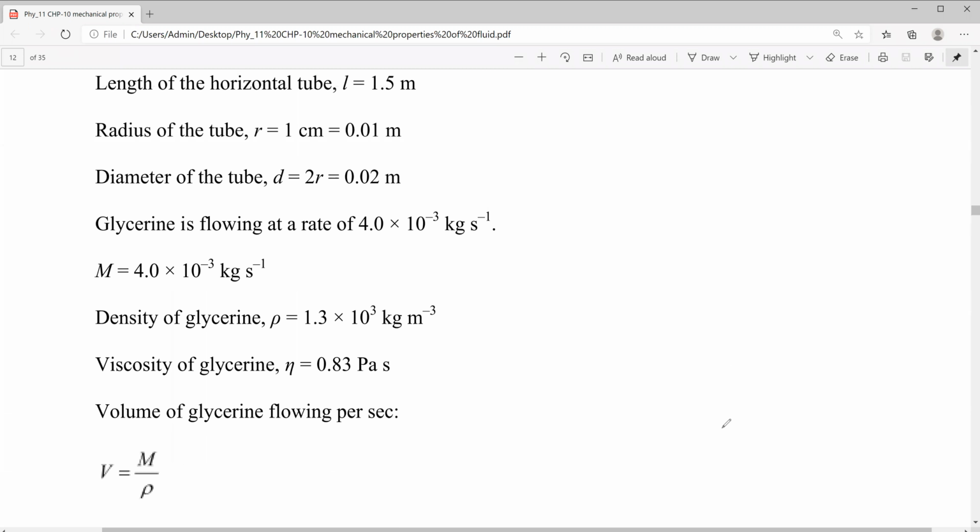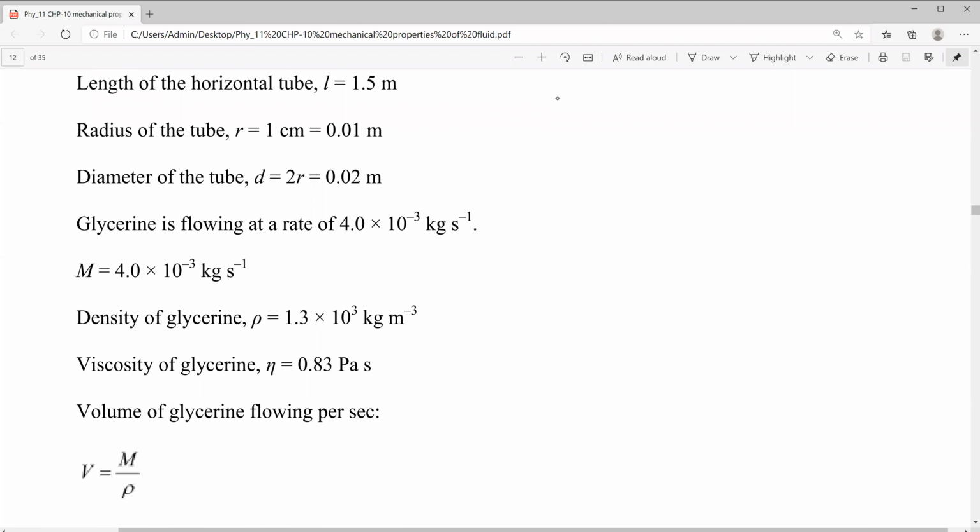The length of the tube is 1.5 meter. The radius of the tube is 1 centimeter, which converted into meter is 0.01 meter. The diameter of the tube is nothing but 2 times the radius, so it is 0.02 meter.